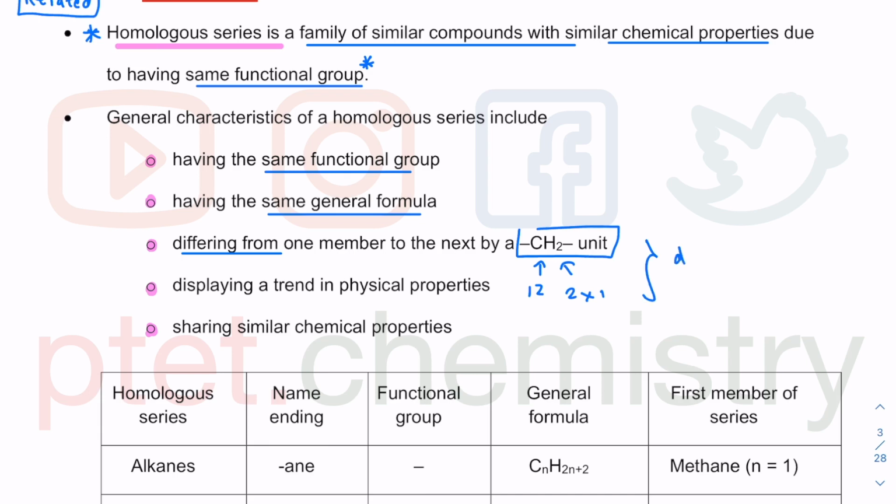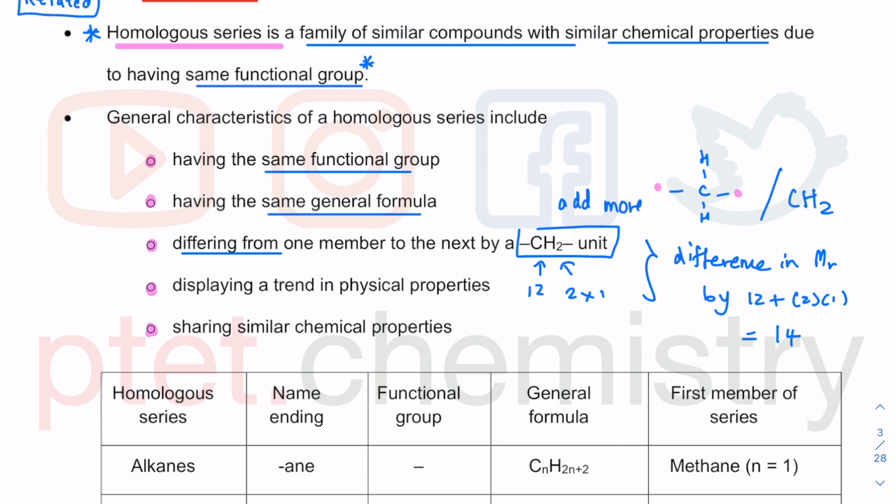So this is a difference in mass, difference in Mr by 12 plus 2 times 1, which is 14. And this is a result of adding more and more CH2. So you add more of the CH2 like that, because you have left and right, which you could extend as part of the chain. So this is called adding CH2 there.